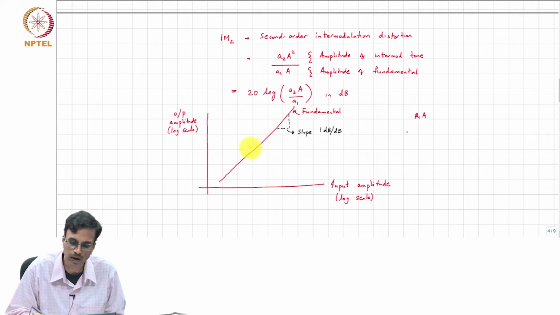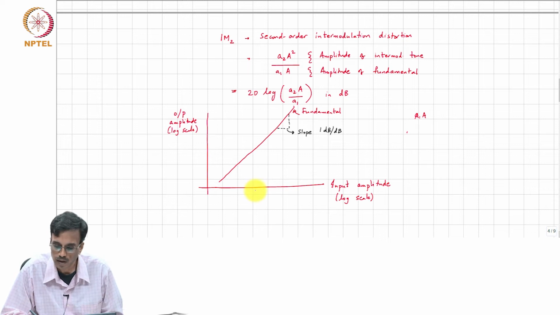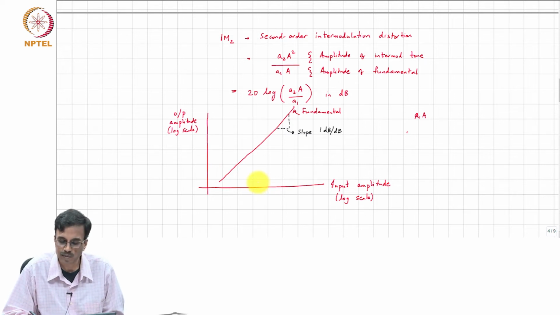All right. Now, what comment can we make about the intermod tone? The strength of the intermod tone will basically be A2 A square, and with what slope will it go up? As you keep increasing the input amplitude, what will happen?